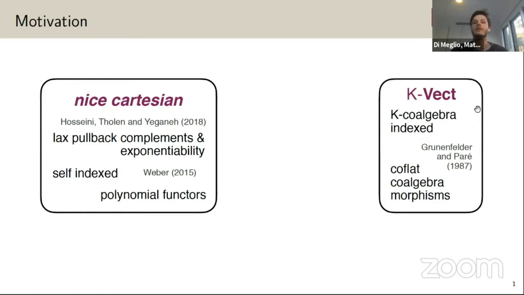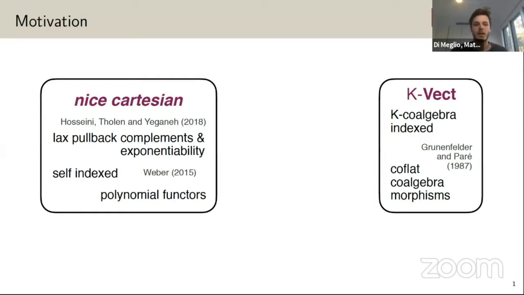The category of vector spaces over a field is very much not Cartesian when we use the usual tensor product of vector spaces. And Grunenfelder and Perret, in a paper in 1987, asked us to think of coalgebras as the appropriate objects for which to index families of vector spaces.